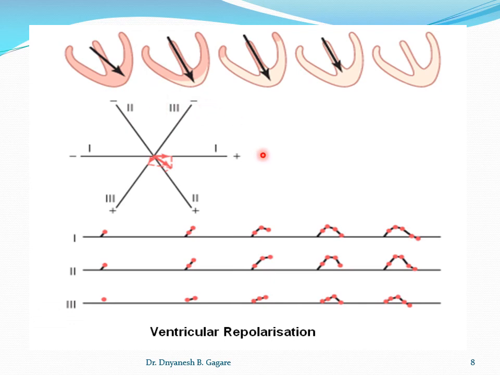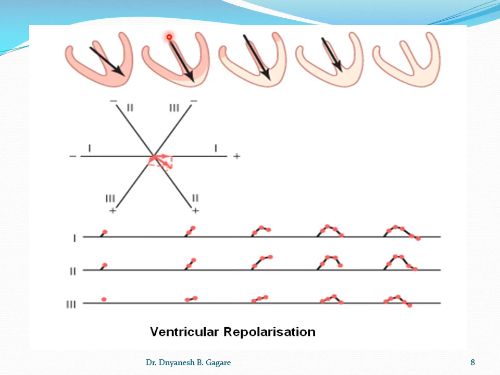And one statement to always remember: current always flows from the depolarized part to the repolarized part. So the arrow indicates that current flows from base to the apex, because repolarization is in the opposite direction, but till the base is depolarized and the apex starts repolarization.